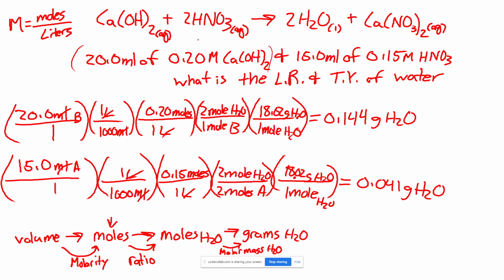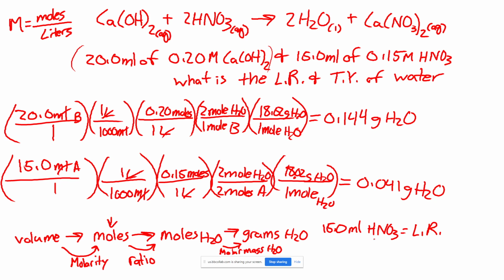And that would be the nitric acid. So you can either say 15 mils of HNO3 is the limiting reactant, or even you could just say HNO3 is the limiting reactant. You don't necessarily have to specify the amount.